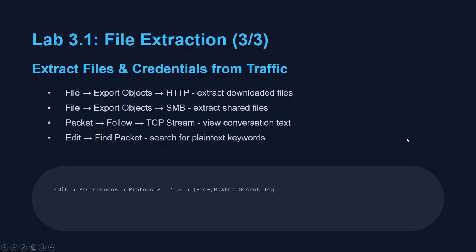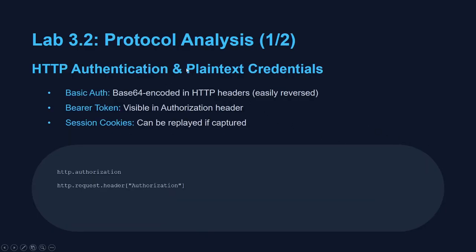Yeah, and protocol analysis, like we can see here. So basic auth is base64 encoded in the HTTP header, easily reversible, and visible in the authorization header. A bearer token can be replayed, and session cookies too if captured.